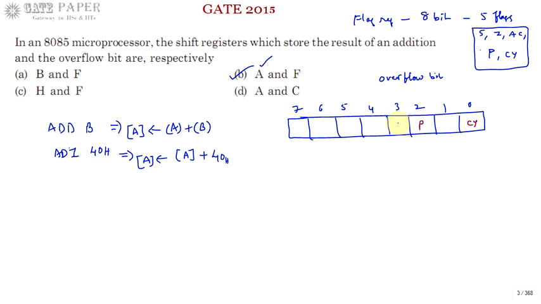The third bit is not specified. The fourth bit is auxiliary carry, the sixth is the zero flag, and the seventh is the sign flag. So these are the bit positions. Bit 3 is always 0, so it is not used.